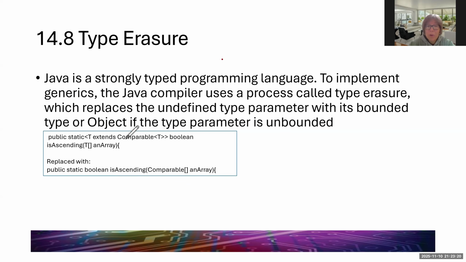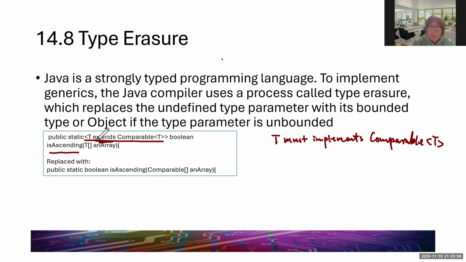And similar for the method. Like this method, is ascending. Over here, this represents a generic, but it is a bounded generic because the T must implement the Comparable interface in this case.